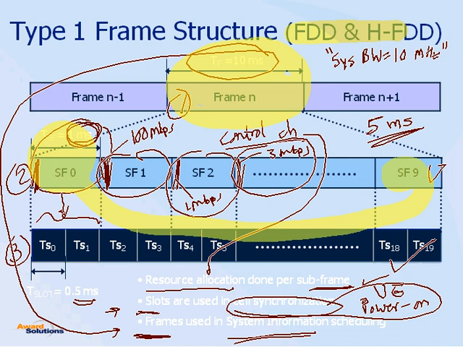So that's just one example. But basically, information related to the system is sent in the units of frames. In summary, slot for synchronization, frame for system information, subframe for resource allocation. Those are some of the main functions of those timing units.